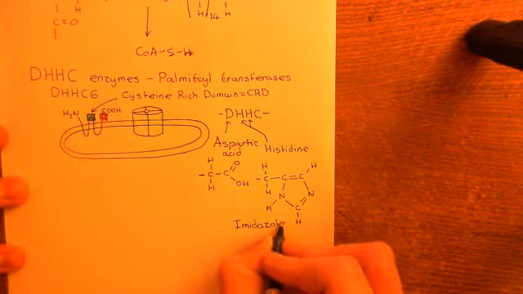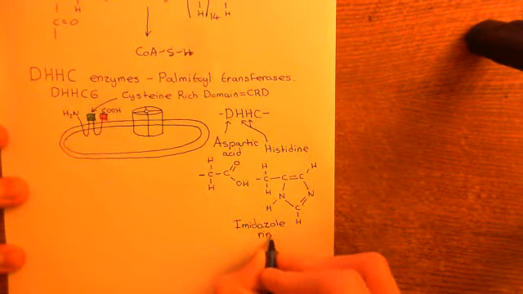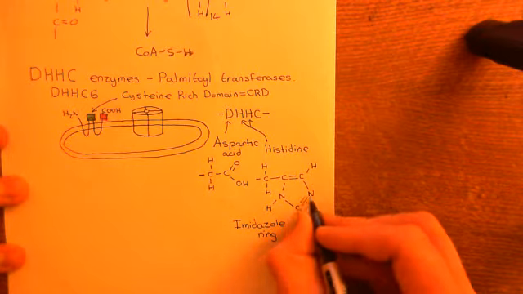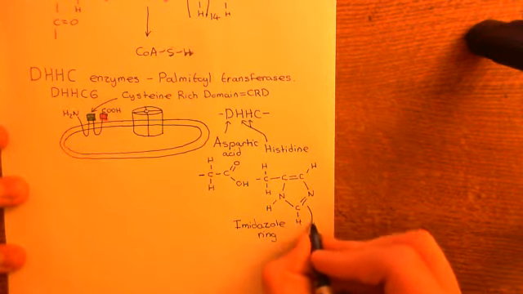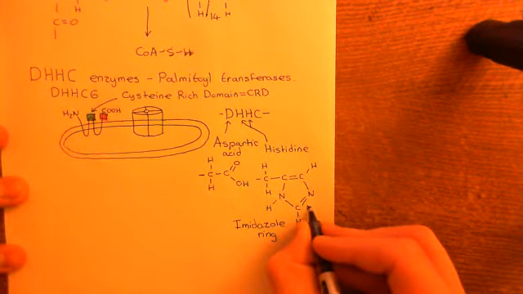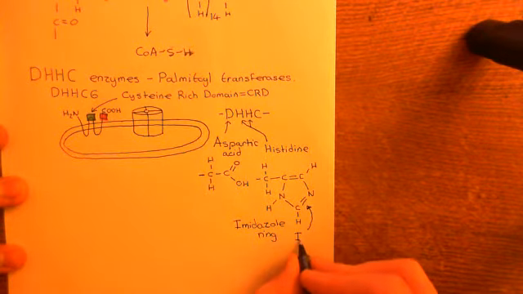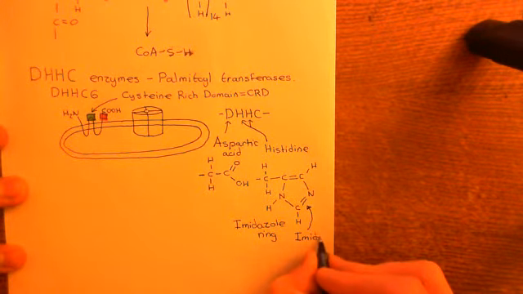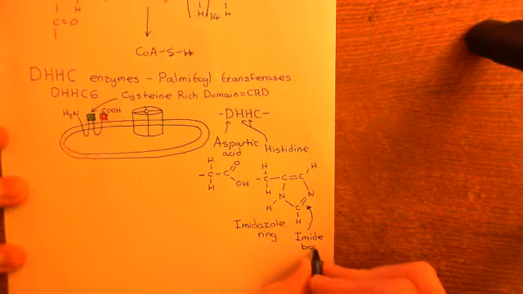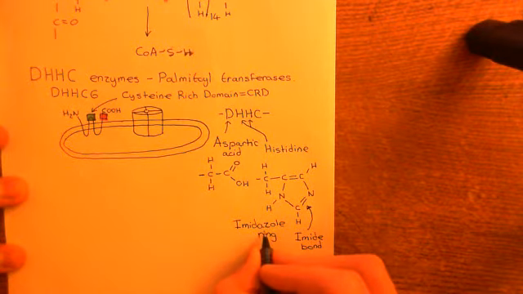The name for this sort of aromatic ring structure is an imidazole ring. The reason it's called that is that it contains this double bond between the carbon and the nitrogen atom. When you have a double bond between a carbon and a nitrogen atom, it's known as an imide bond, so that's where the imide comes from in imidazole ring.